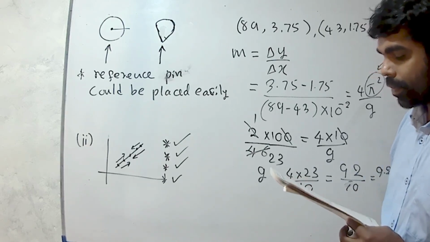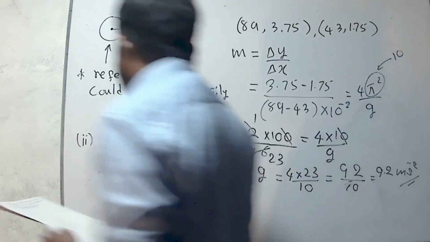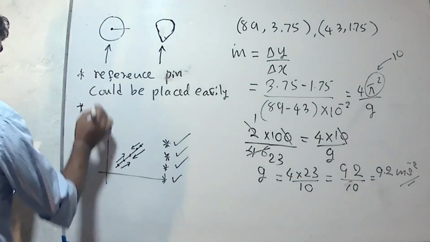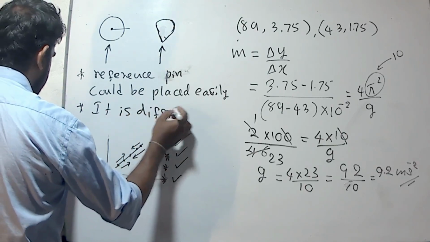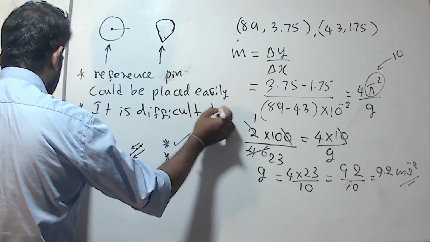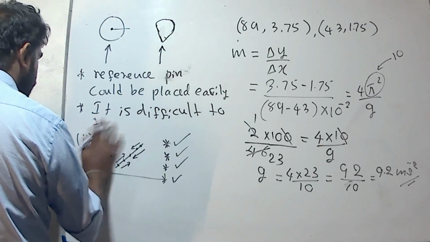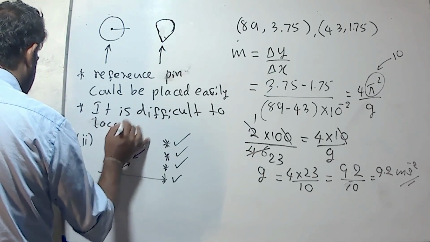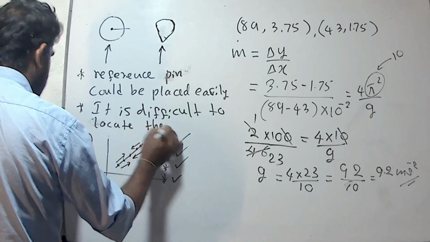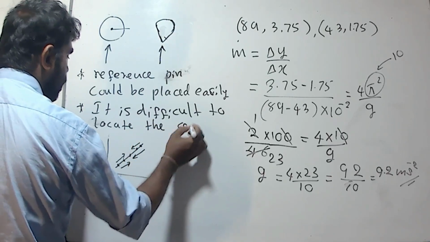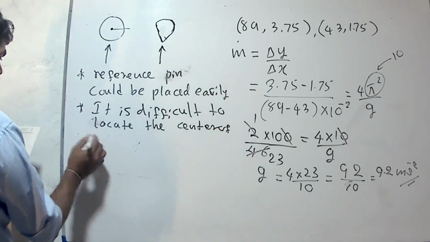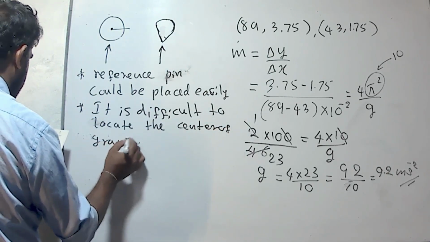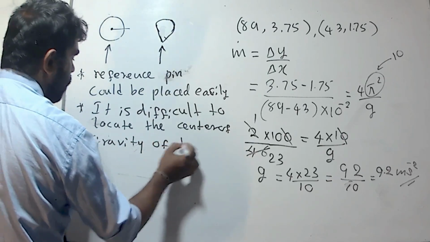Therefore, we can write the disadvantage: it is difficult to locate the center of gravity of the bob.